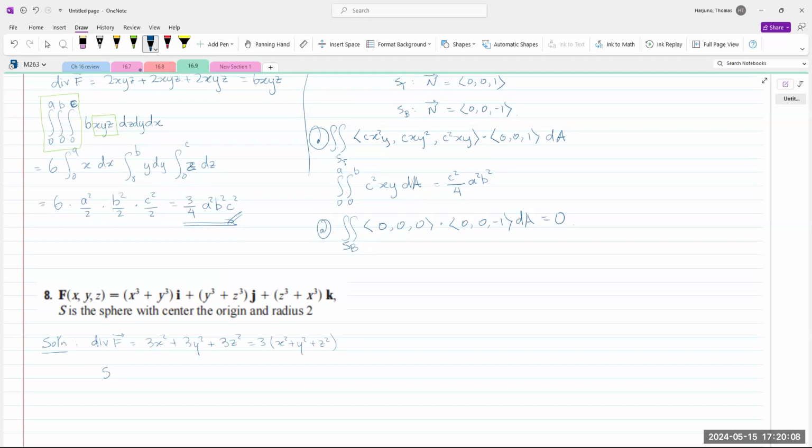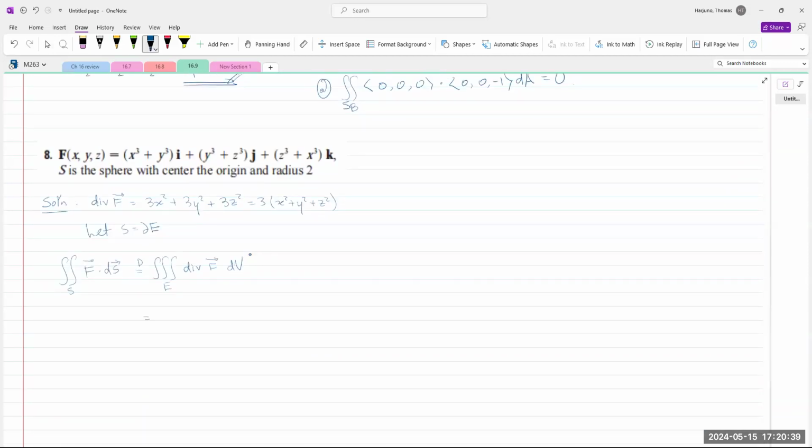Okay, so what happened is the solid, maybe I should say let S be the boundary of solid E. So the double integral over surface S of F dot dS, by the divergence theorem, will be the triple integral over solid E of the divergence of F dV.